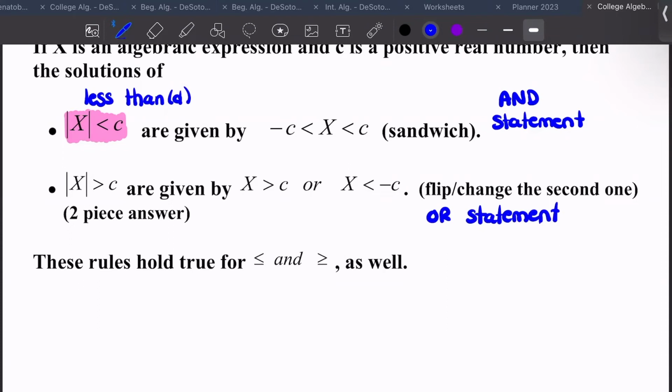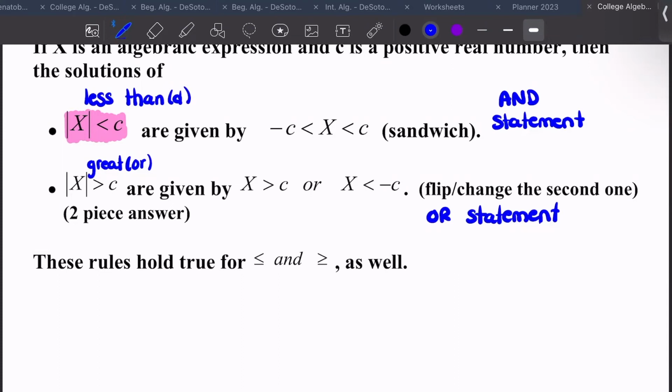If you have an or statement, and this is the way that I keep this straight, I say greater than. An or statement means that x is greater than c or x is less than negative c, but not both.